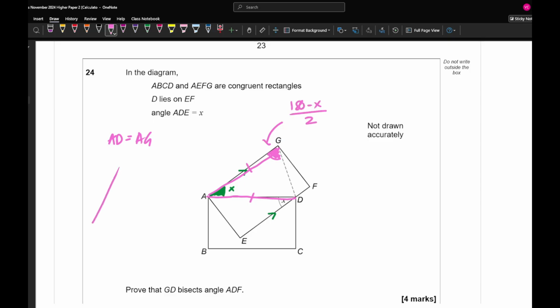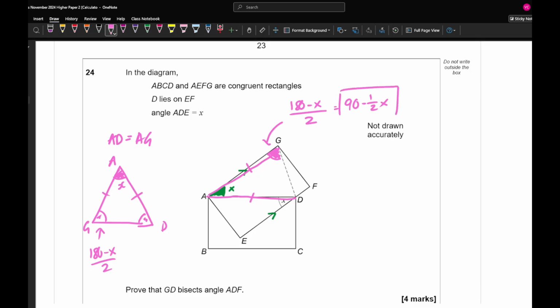And again, if I just take that triangle AGD out, if these two lengths are equal and this angle there is x, then to work out what this angle here is, I do 180 minus x, which gives me the sum of these two angles, and I divide it by 2 because I want to know what one of the angles is. Now if I simplify that, I get 90 minus a half x.